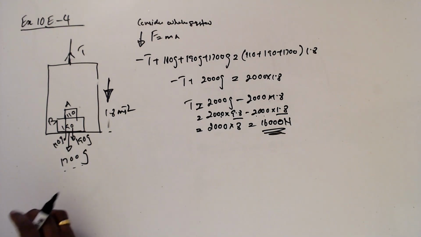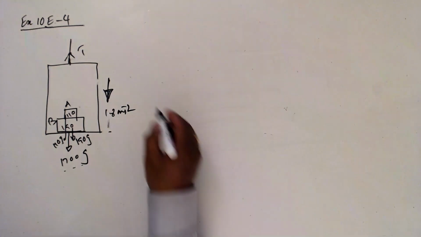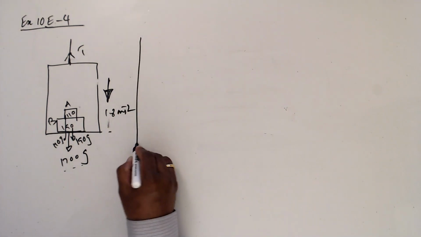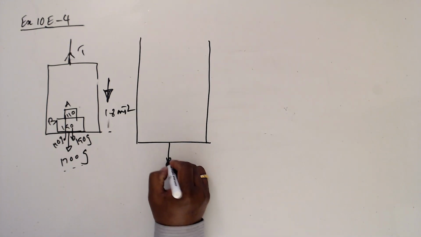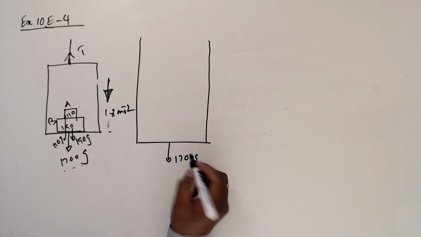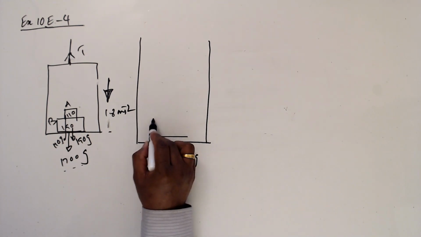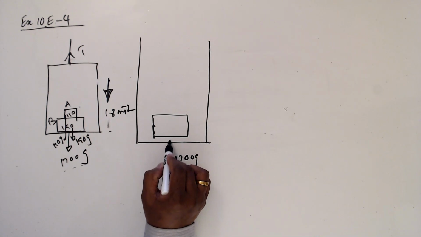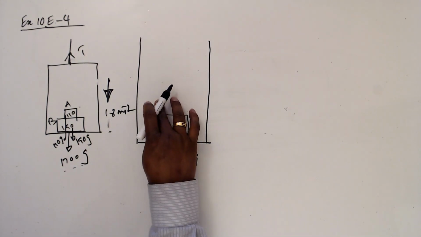Now for the next question, we have to show the internal forces, so I will redraw this. This is the 1700 g weight, and this is one box. I'll keep some distance so you can see, and this is the other box.